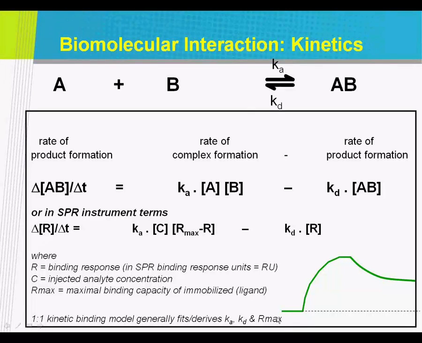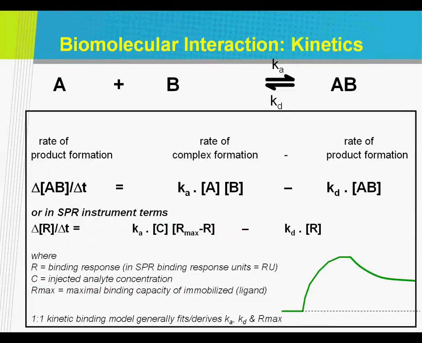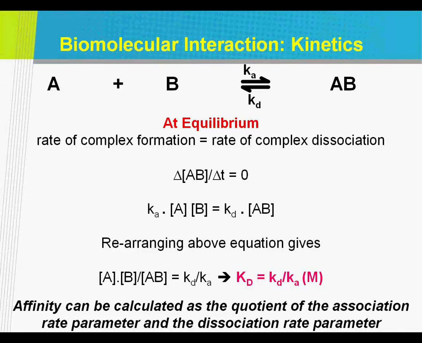Affinity can be calculated as a ratio of the dissociation rate parameter and the association rate parameter. So basically, you generate the experimental data, then you fit a mathematical model to them, and that will derive little ka, little kd, and the dissociation equilibrium constant KD.